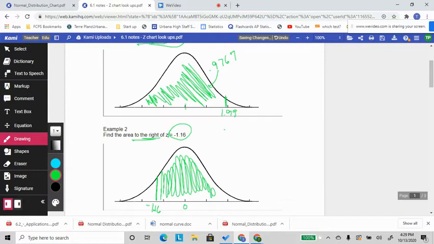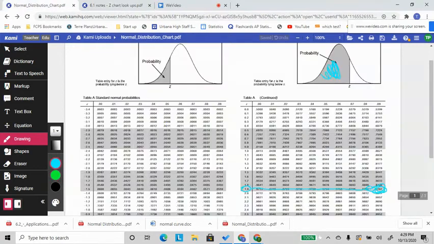Okay, so I go to my negative 1.16. And when I go to my negative 1.16, I get negative 1.1, and I go all the way to 6. Negative 1.1, and then the hundredths place was 6. And I get 0.1230. That is this area right here.